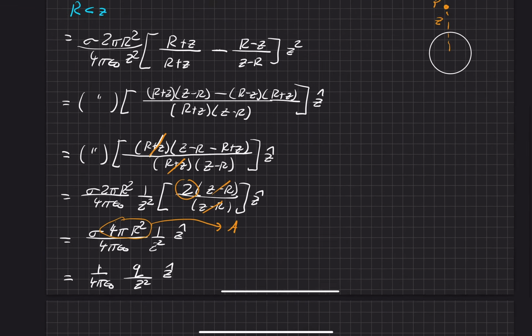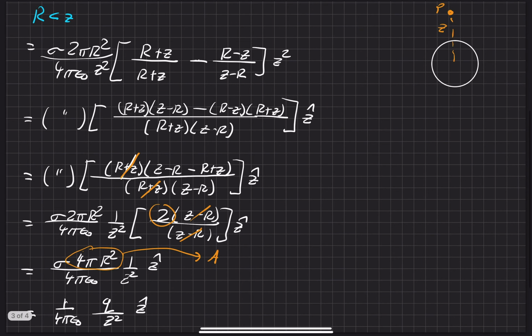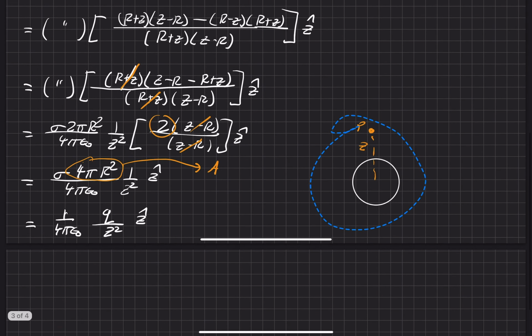So what just happened was we looked at this spherical shell and what it represents.